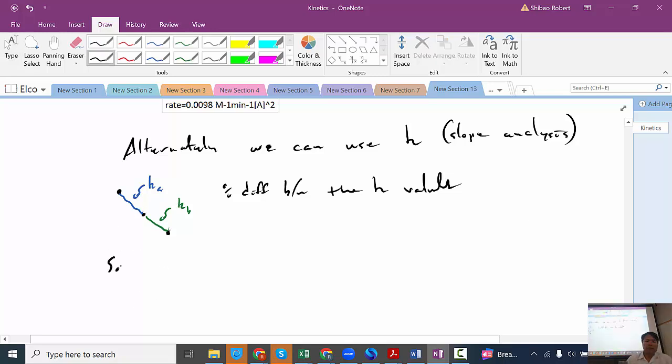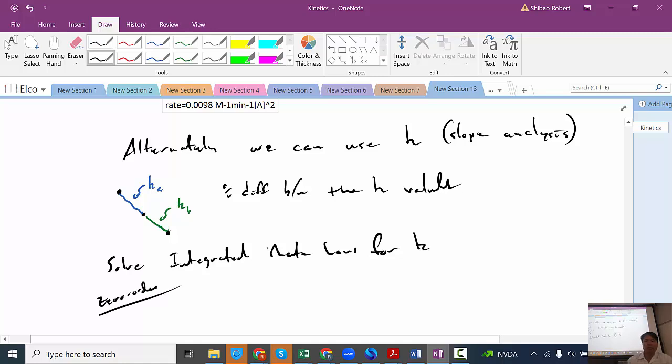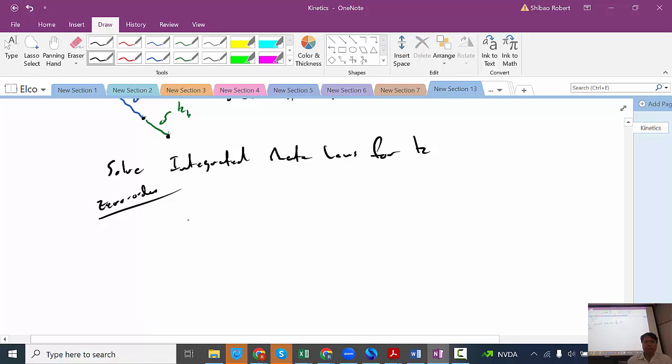So I'm going to solve the integrated rate laws for K. We'll start off with zero order. K for zero order is going to equal A at time t minus A at time 0, divided by t.